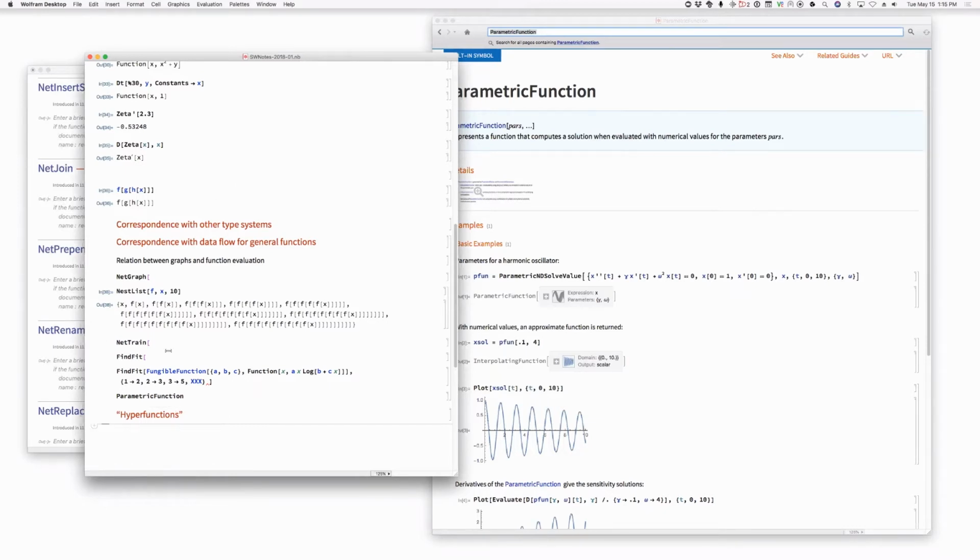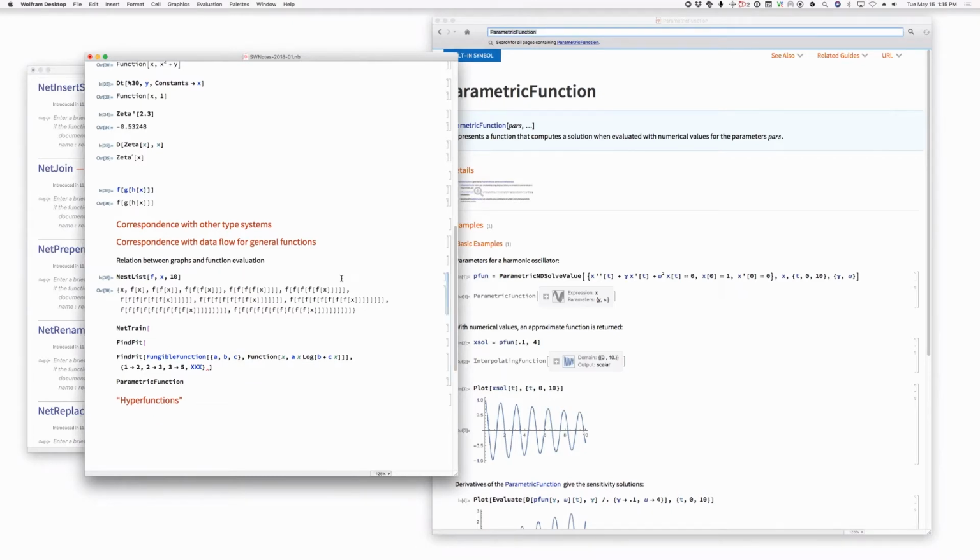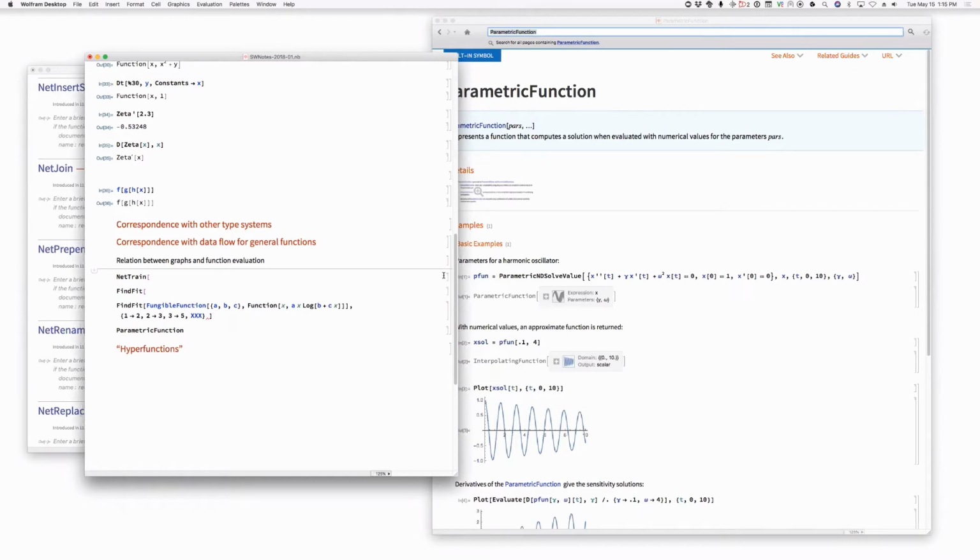Okay, so then here we've got this notion. Let's look here. We've got what we're calling fungible or parameterized, fungible, differentiable, whatever you want to call it.